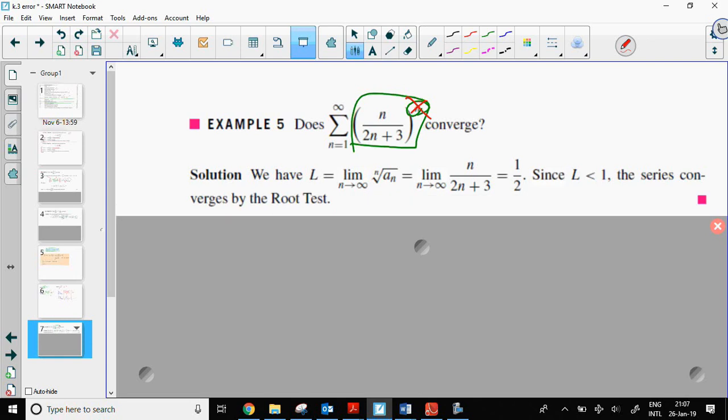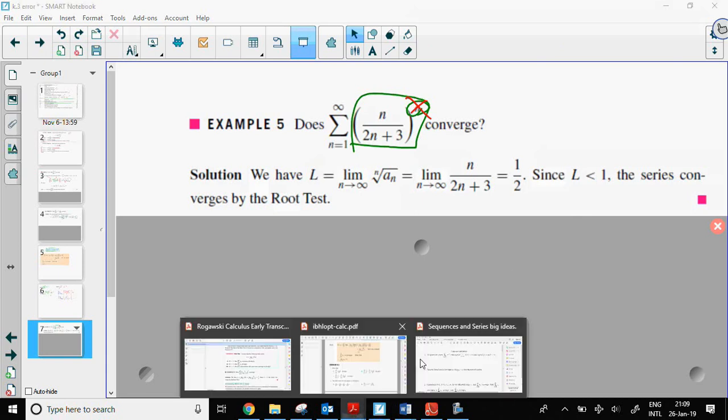Series converges by the root test. The IB wouldn't ask you one that requires the root test, but it's easy. I don't know, maybe there's another way to approach this one, but why would you do it any other way? Anyway, K.3, done. That means our series convergence tests are done.